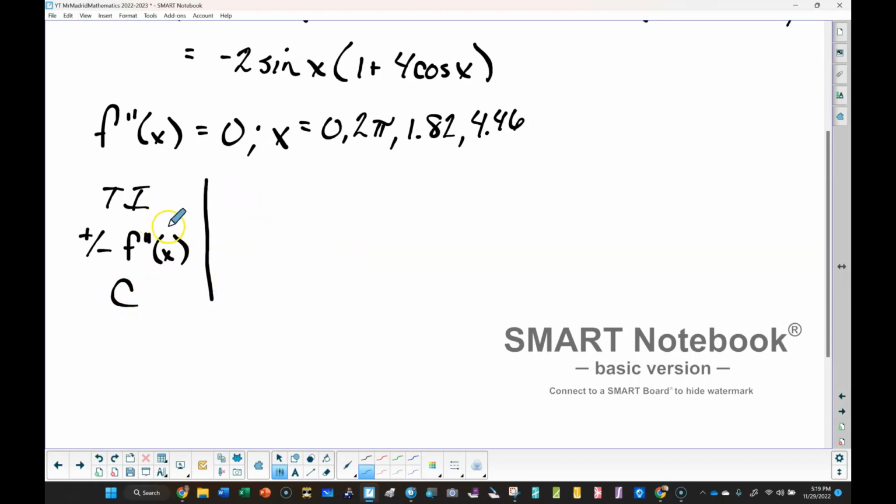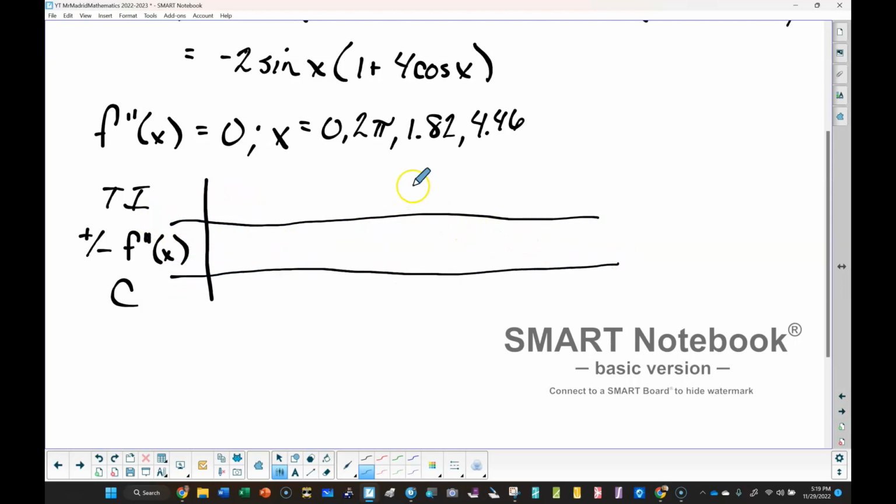So let's see if I can draw a straight line here. The first interval goes from 0 to 1.82. Sorry for the sloppy writing, I'm trying to speed things up here.